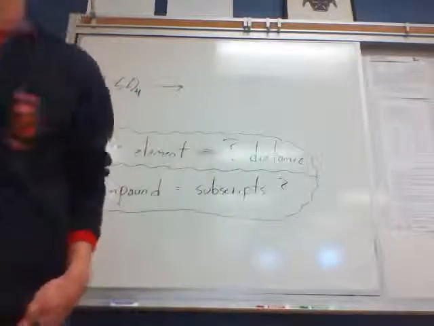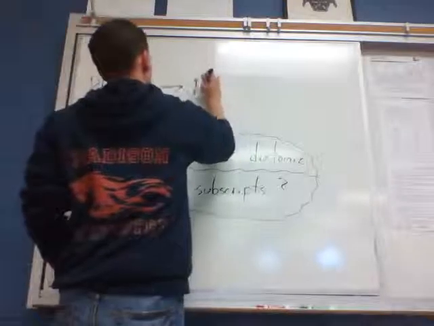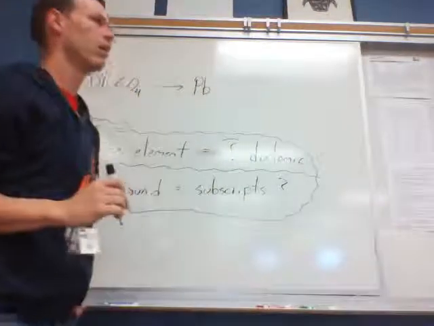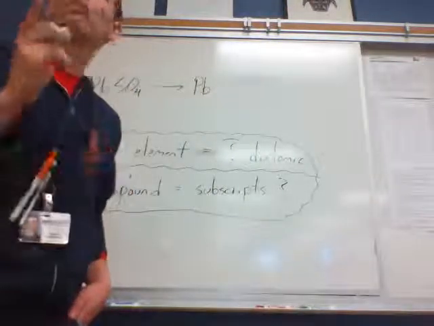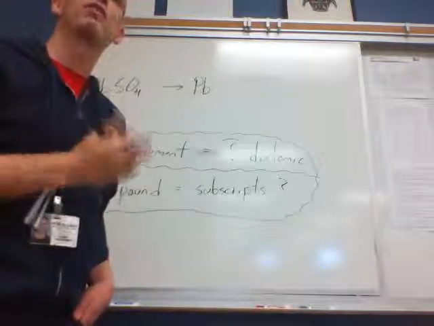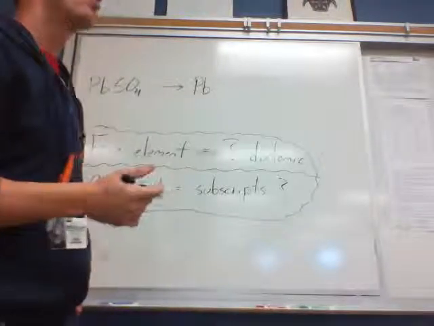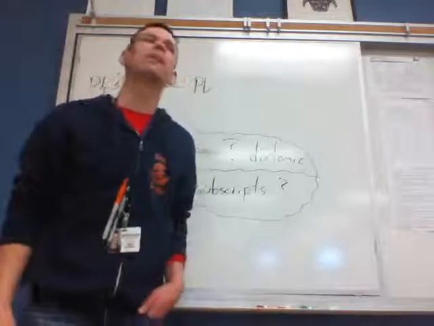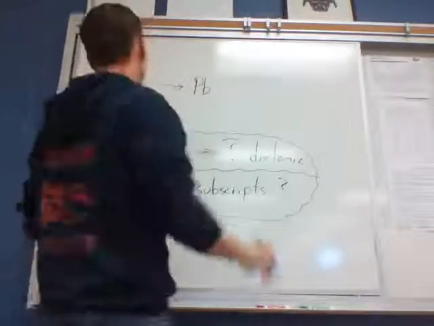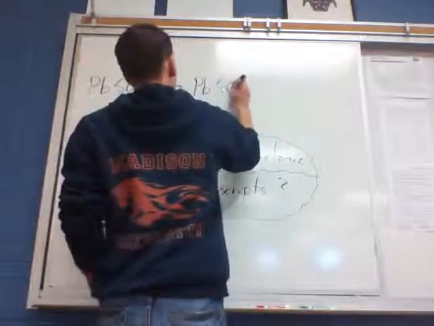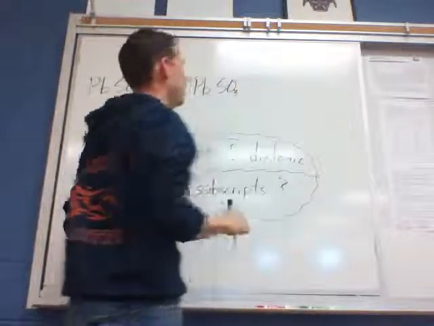Lead. What will I put for lead? PB. There's another Roman numeral. It's important, just not for the first step of my translation. Sulfite. What's the symbol for sulfite? SO3. Verify on your polyatomic list.